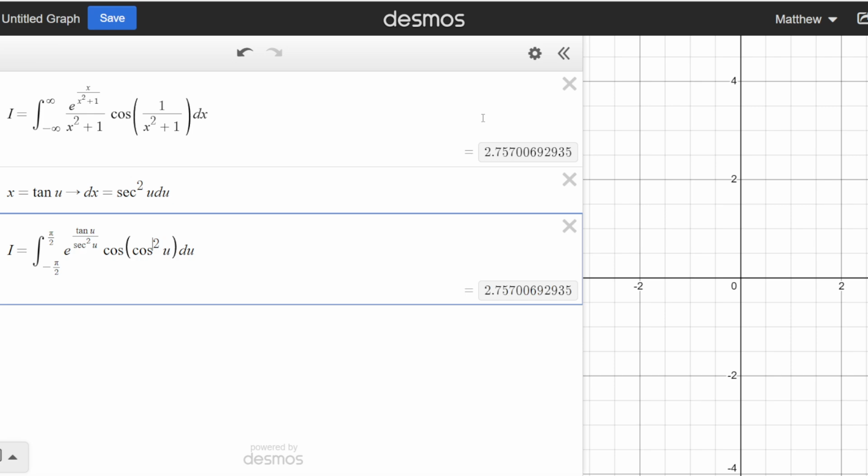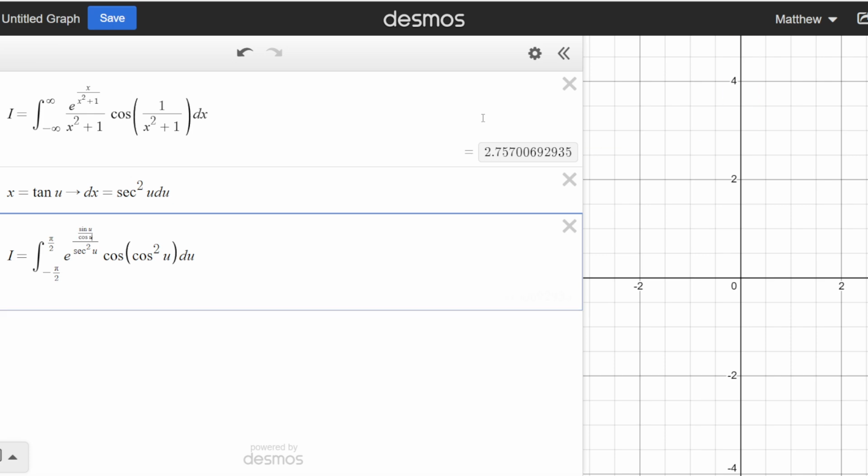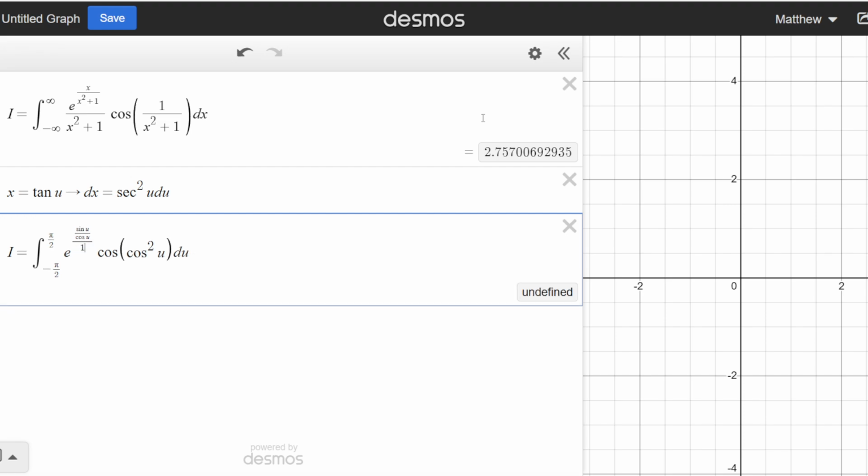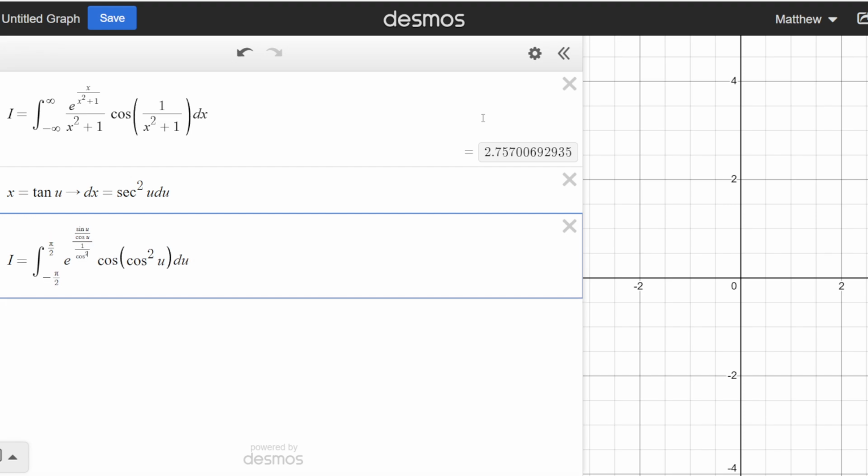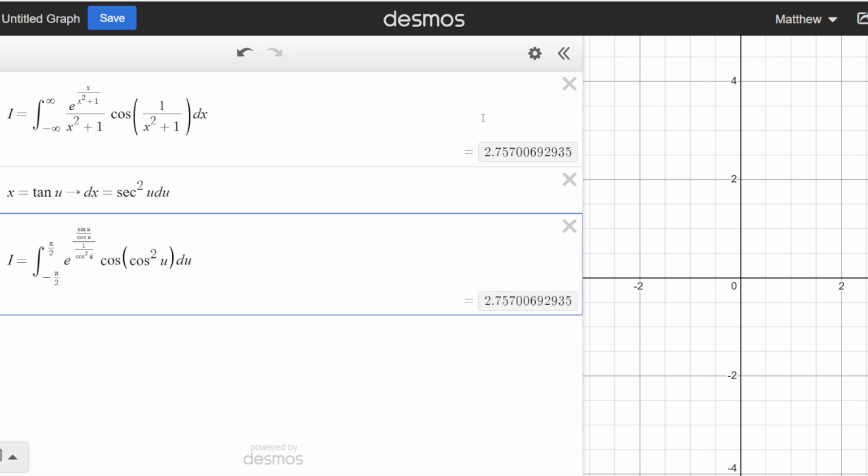All right, let's simplify this a little bit. We know that the tangent is just sine u over cosine u, and secant squared u is just 1 over cosine squared u. So let's multiply the numerator and denominator of this exponent by cosine squared u.